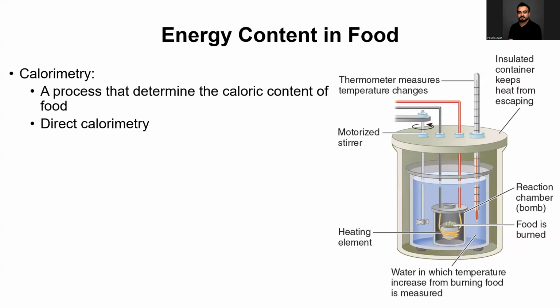And so this is a direct calorimetry, like a bomb calorimeter. It is a direct calorimeter because we directly measure the caloric content of food. That's why it's called direct calorimetry. We also have indirect calorimetry, and we will talk about that.